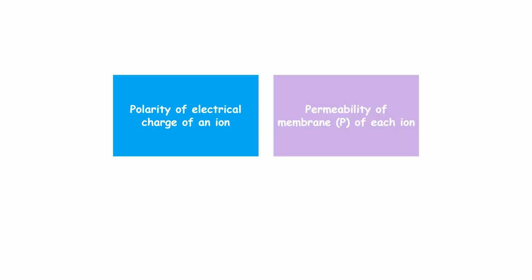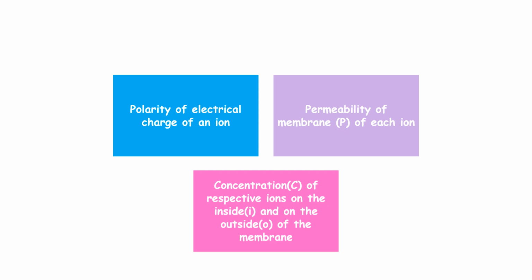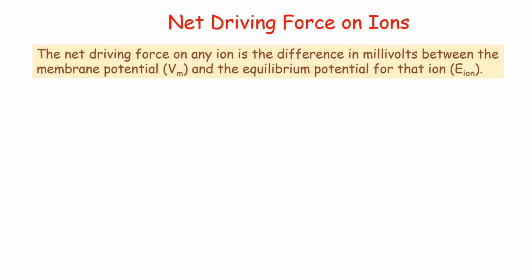So by this equation we know by now that this resting membrane potential depends upon the polarity or the electric charge of the ion, the permeability of the ion and the concentration gradient of the ion, that is inside out of the membrane, which is given by this equation. So the net driving force for any ion is a difference in millivolt between the membrane potential and the equilibrium potential for that ion.